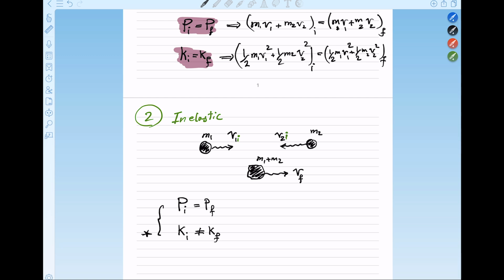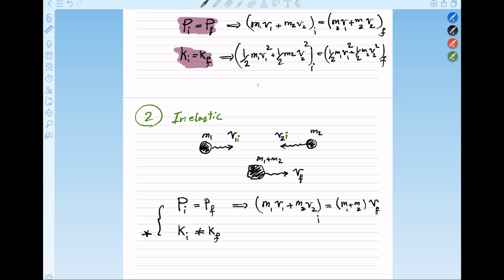So the kinetic energy is not conserved, but momentum is always conserved, meaning momentum initially, which is m1 v1 plus m2 v2 initially, before they collide, should be equal to momentum finally. We have one object now because they stick together with mass m1 plus m2 with the velocity v final. Okay?